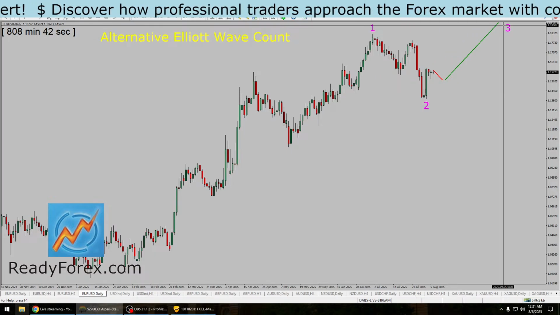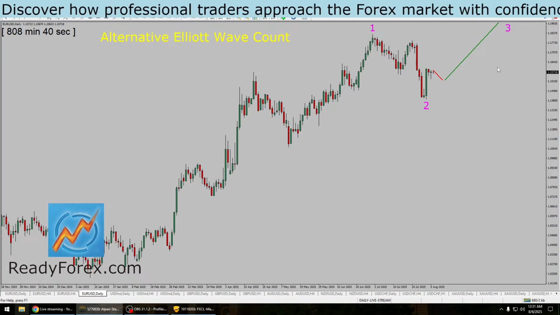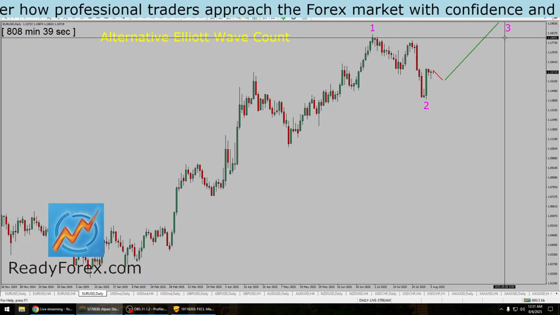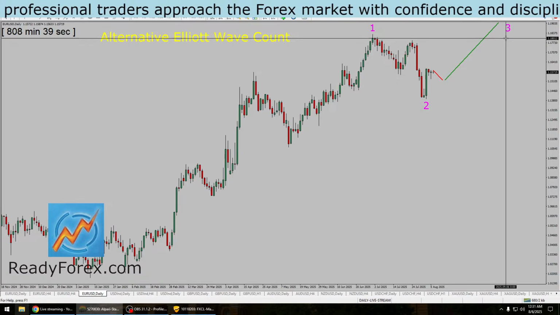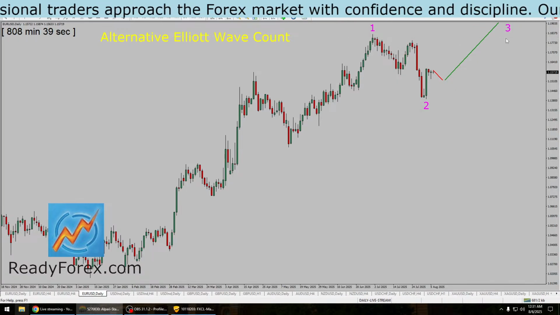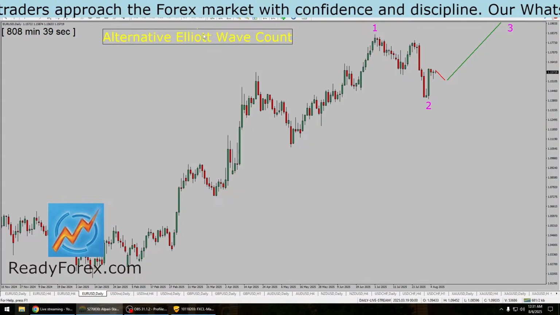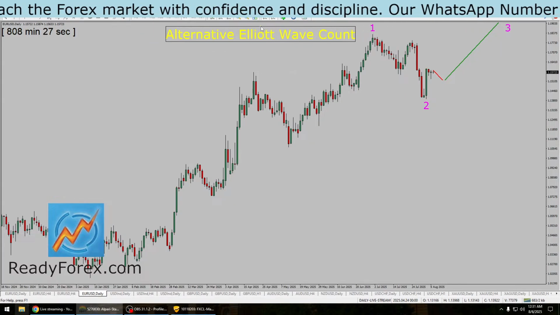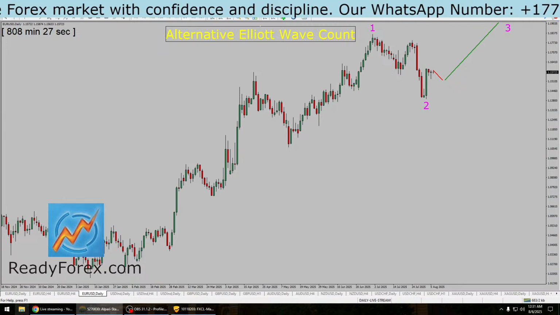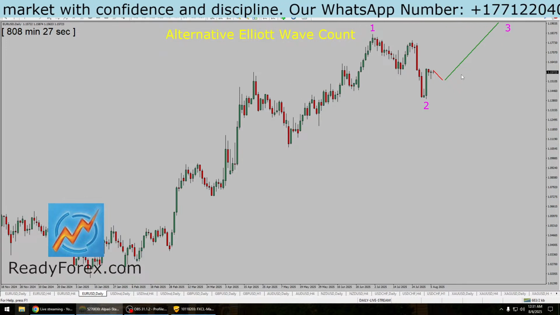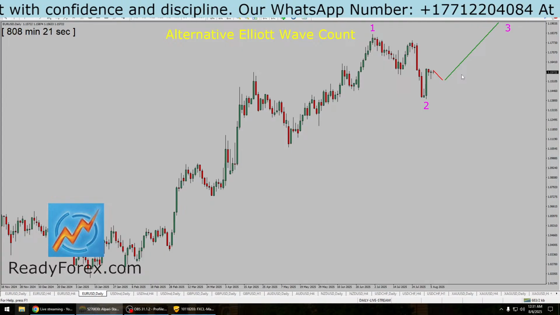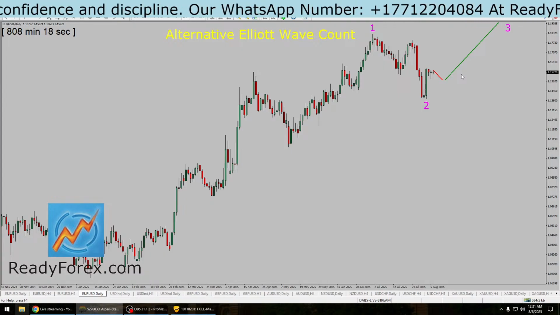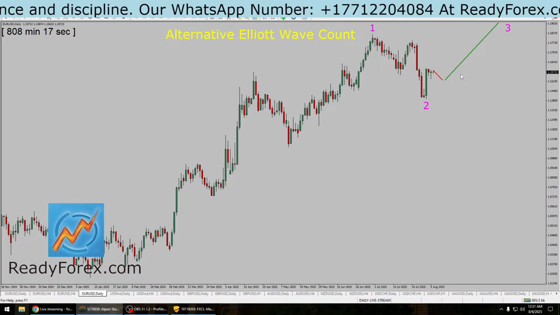There are some signs and indications present that we might get a bullish leg, and the alternative Elliott wave count is probably going to work. Let me move this one away a little bit. So it's quite possible that the market is going to rise up, and the alternative Elliott wave count is most likely going to work.